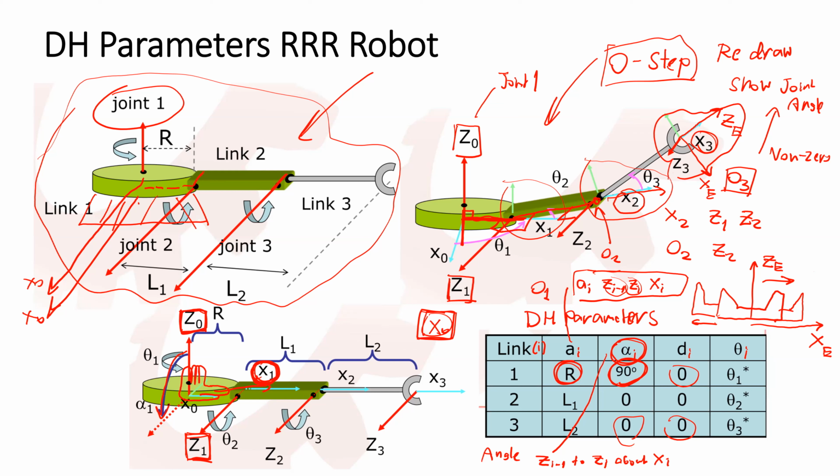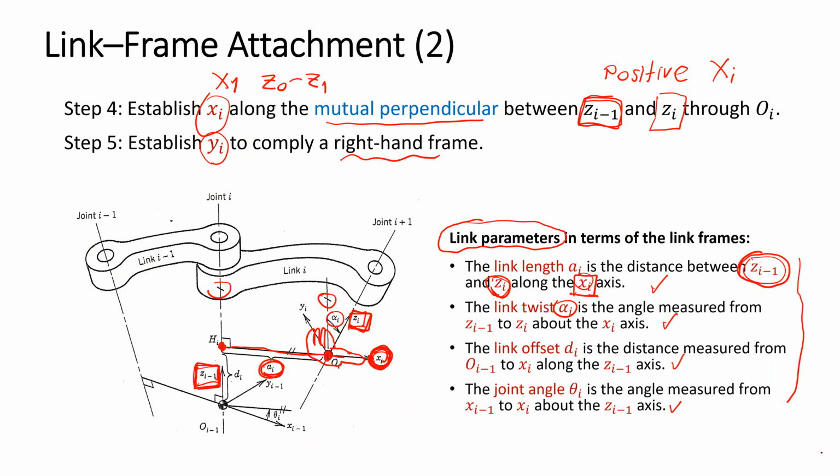And then the link offset is the distance from Oi minus 1 to Xi along Ci minus 1.